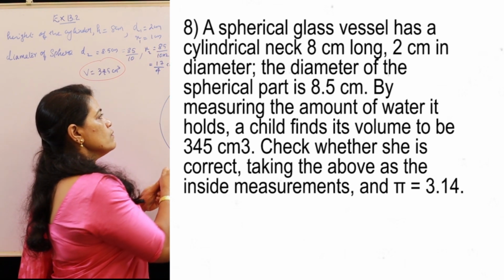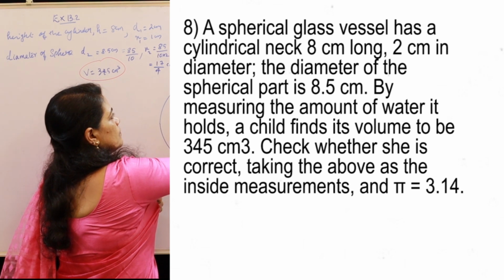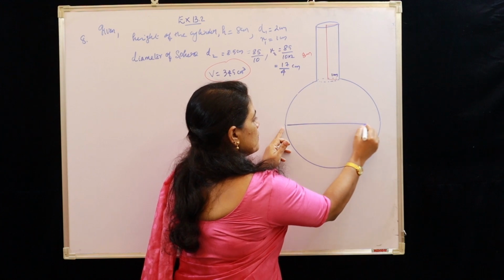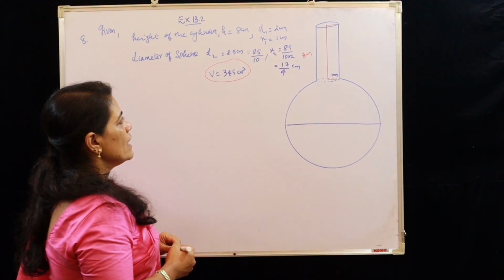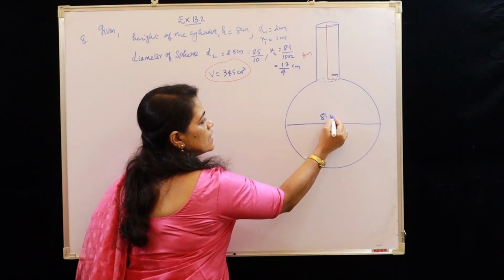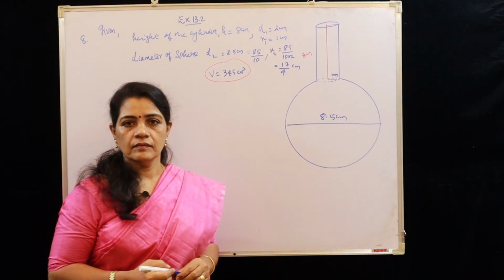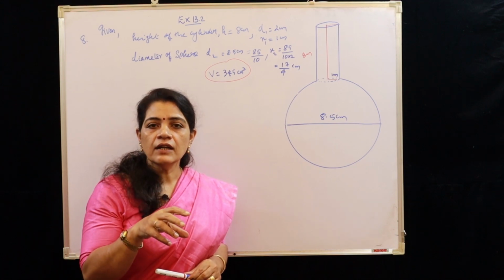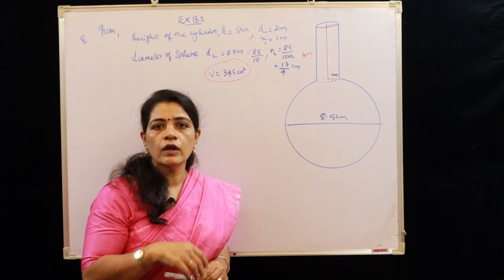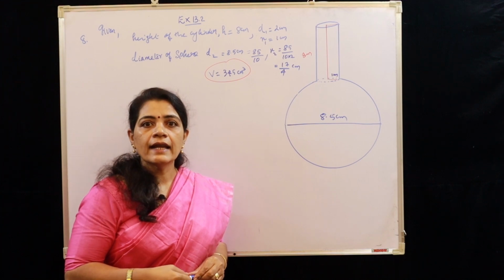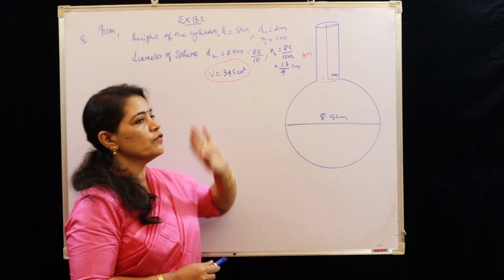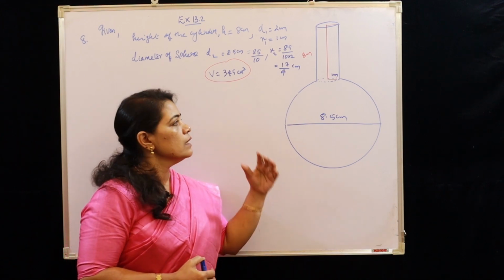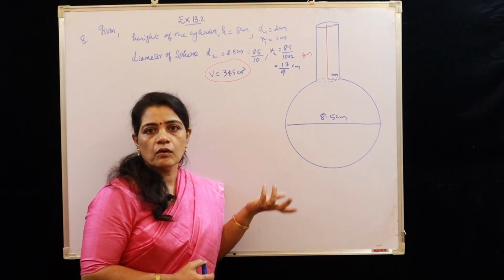Okay, so the radius will be 1 centimeter, and the diameter of the spherical shape is given as 8.5 centimeter. In this problem a child already had seen its volume of this spherical vessel, and that is given as 345 centimeter cube. We have to check whether her calculation is correct or wrong.